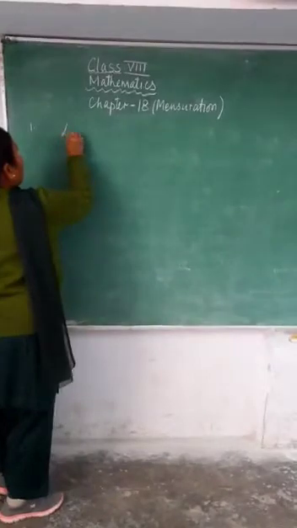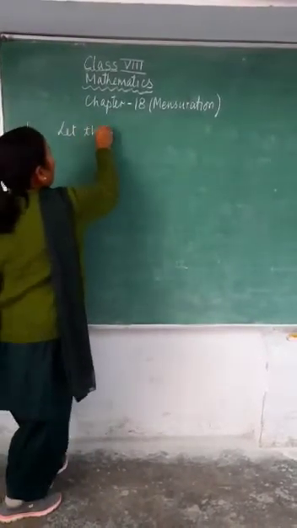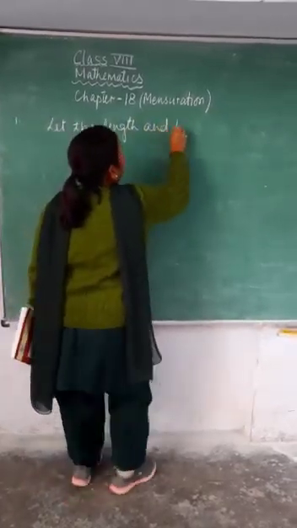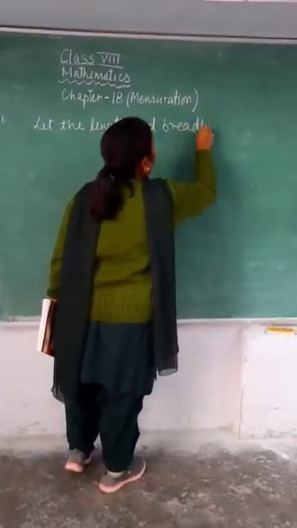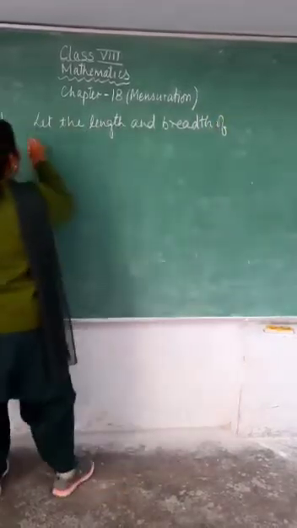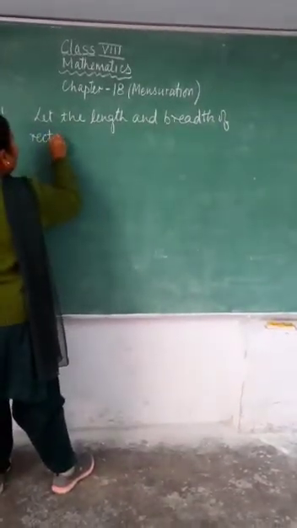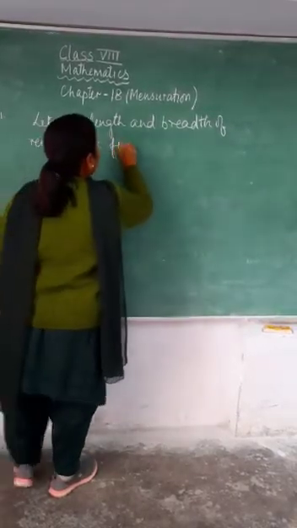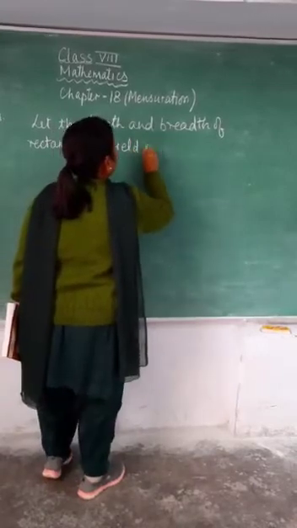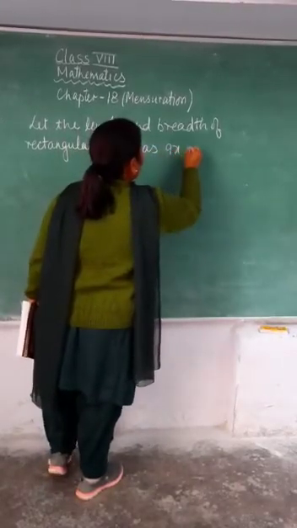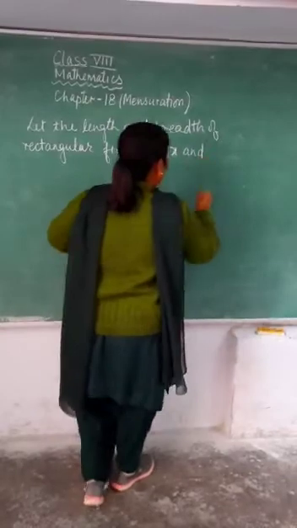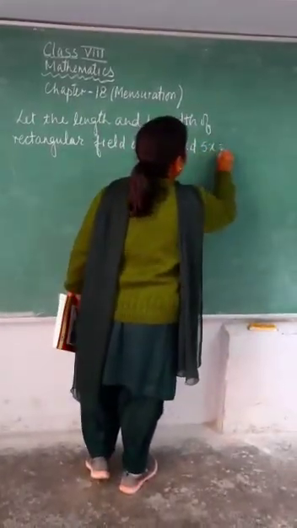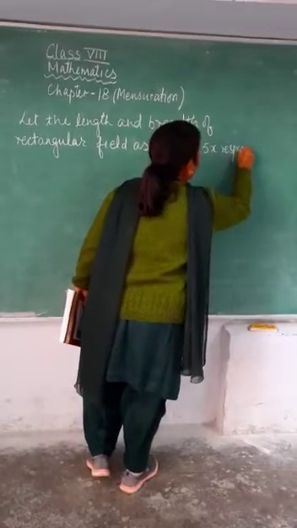So we'll let the length and breadth of the rectangular field be 9x and 5x respectively, because the ratio is given as 9:5.